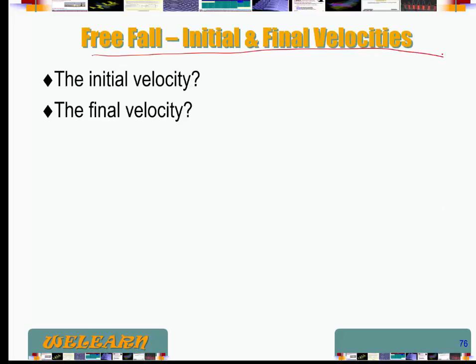One last point here. What are the initial and final velocities for free fall? It's not something that we usually know unless it is given. For the initial velocity, a word that you look for in problems when they say dropped, or let go, or something similar, immediately tells you that the initial velocity is 0.